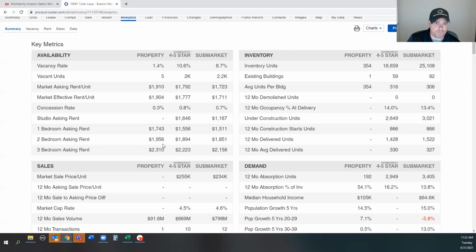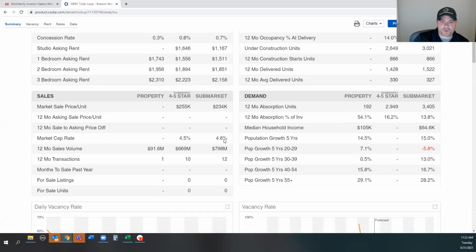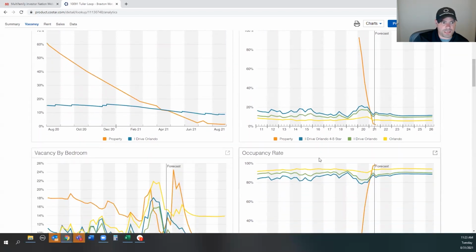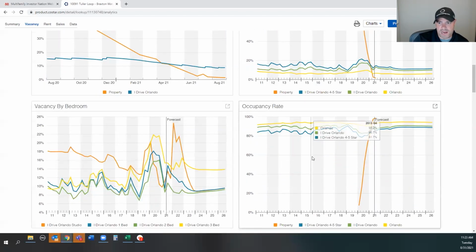Well, these are our properties. Here's this in the submarket. Our comps in the submarket, we are above the average, but you also have some older properties there, which drive the average down. So the median, we are over the median. But you're looking for rent growth, population growth. Here are your vacancy rates. These are all things that we're looking at: vacancy by bedroom, occupancy rate.